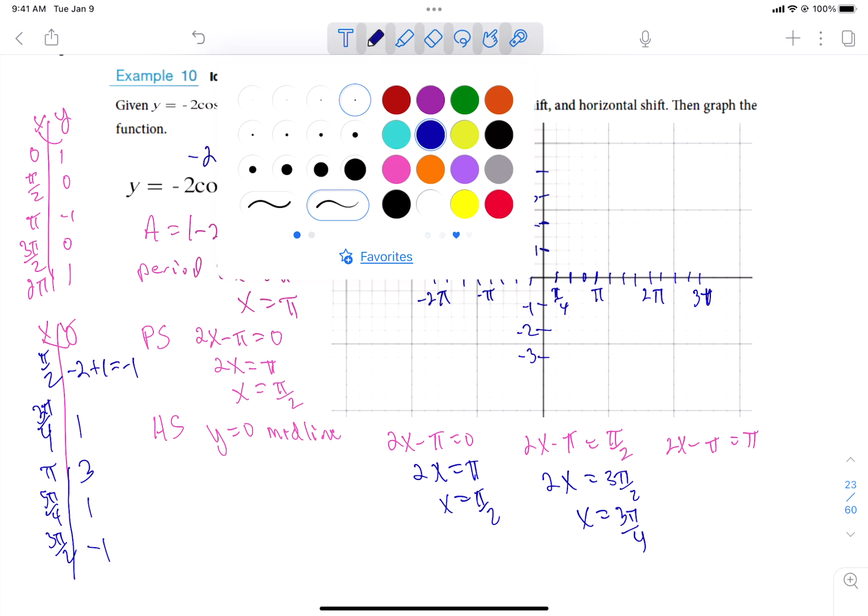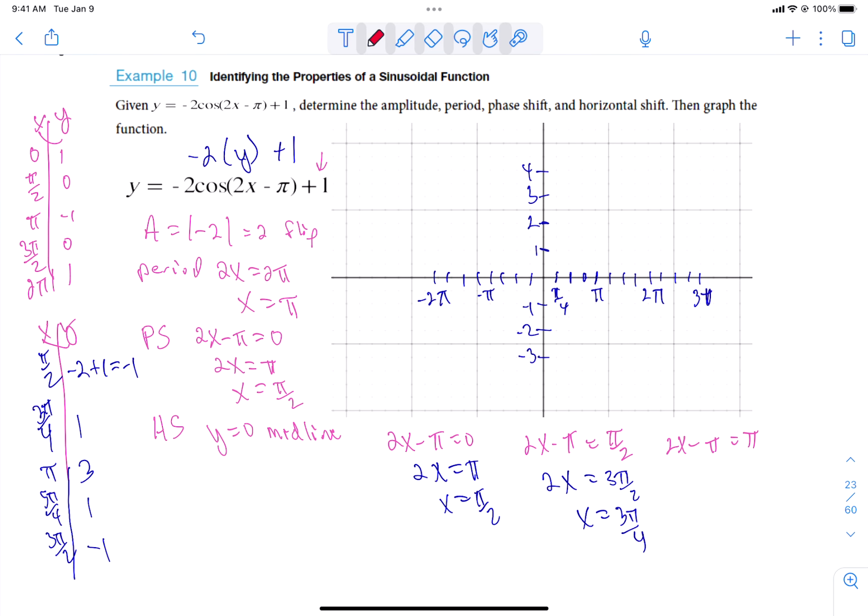Let's put our midline on at 1. It always helps us to see where we're at. So you always keep coming back to the middle. Okay, so at pi over 2, we are at -1, right here.